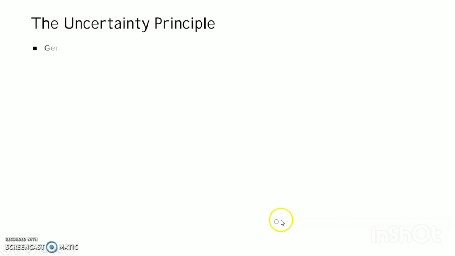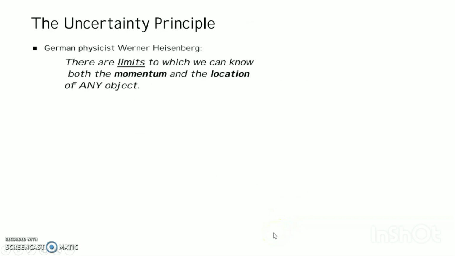The uncertainty principle, by German physicist Werner Heisenberg. There are limits to which we can know both the momentum and the location of any object. Quantitatively, del P times del X is greater than or equal to h divided by 4 pi.